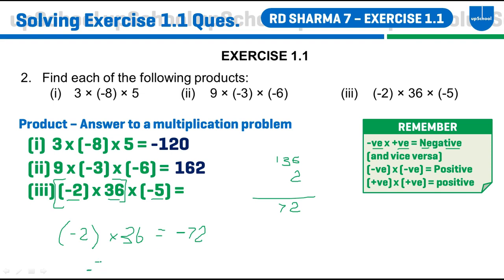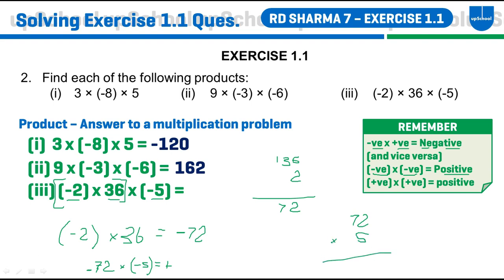So now let's do negative 72 times negative 5. We're basically multiplying a negative integer by a negative integer, which, as we know, is equal to a positive integer. So positive. Now let's do 72 times 5.